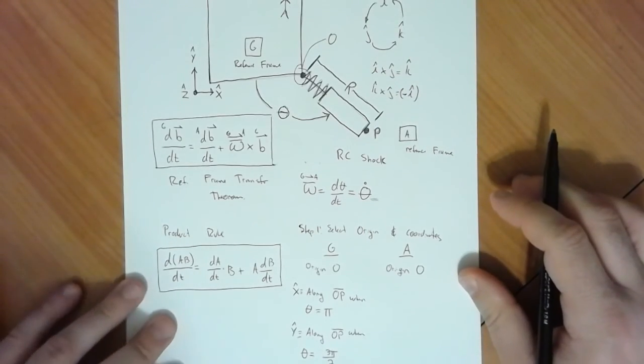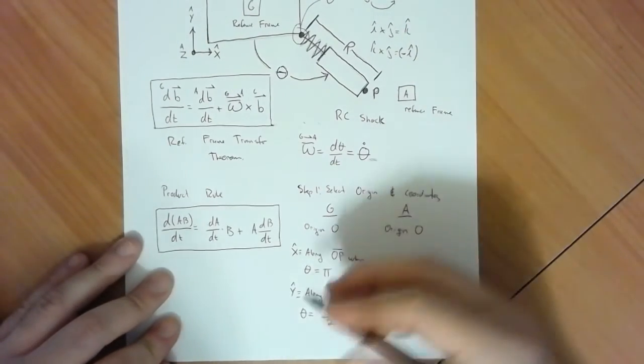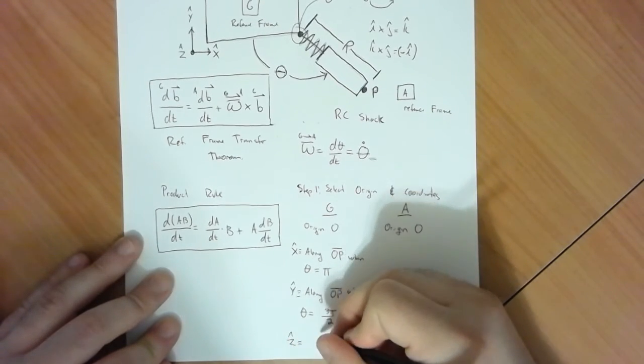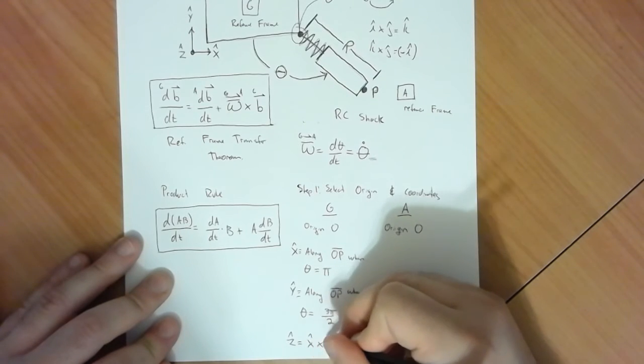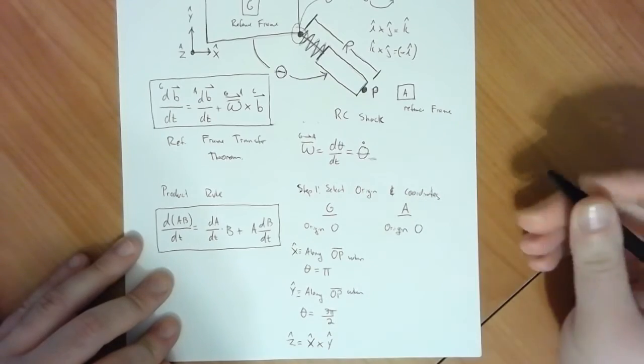And then I'm going to move this one more time. There we go. Neat little trick here. Remembering my cross products up here, I'm going to say that z hat is equal to x hat cross y hat.